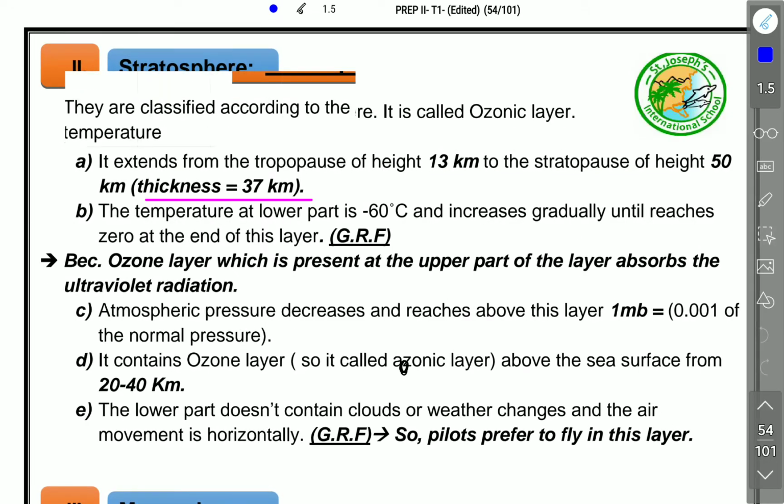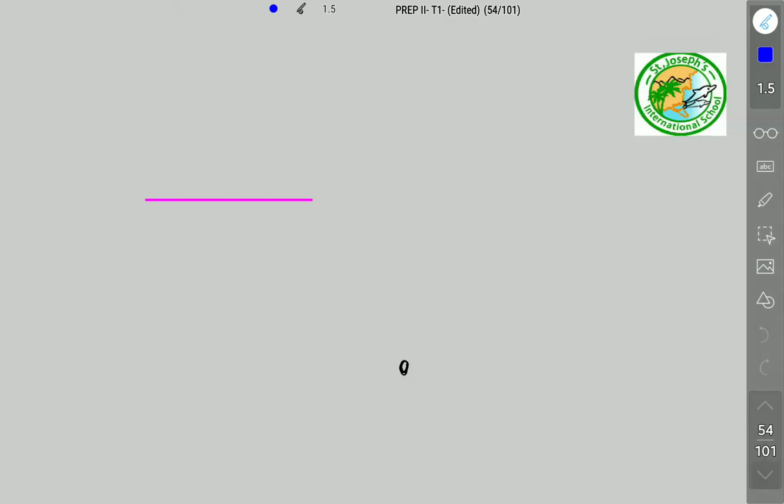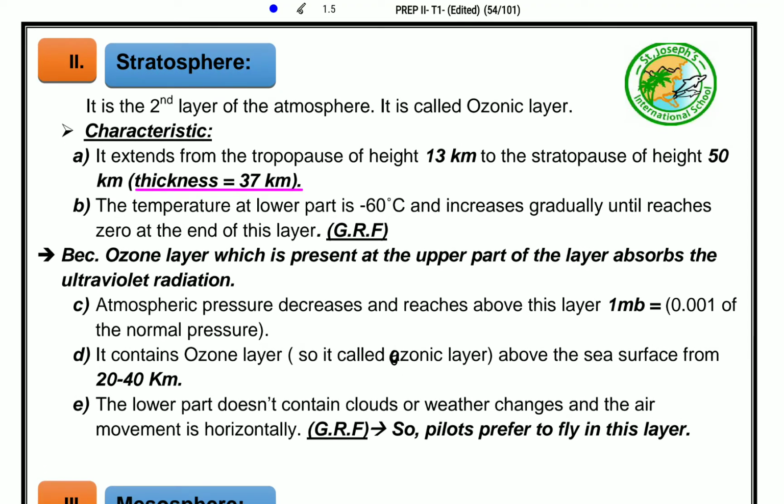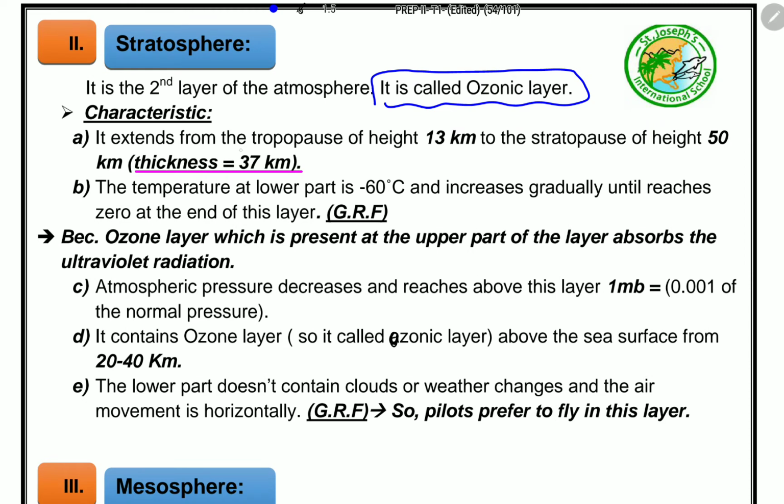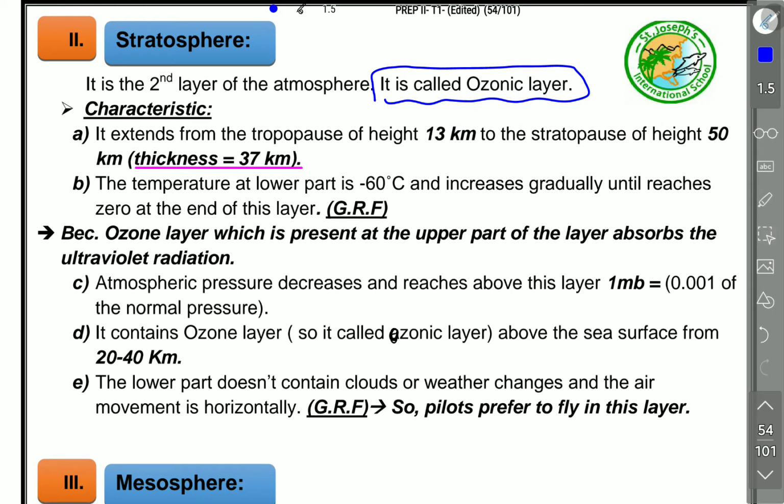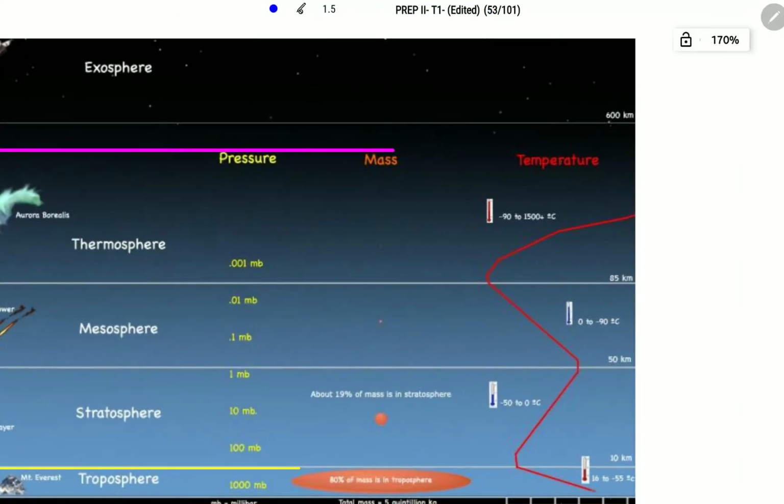This is everything about the first layer. The second layer is called the stratosphere. The stratosphere is the second layer of the atmosphere, and it's called the ozonic layer because it contains the ozone layer. What about its thickness? It extends from the tropopause. Let me explain on this picture.